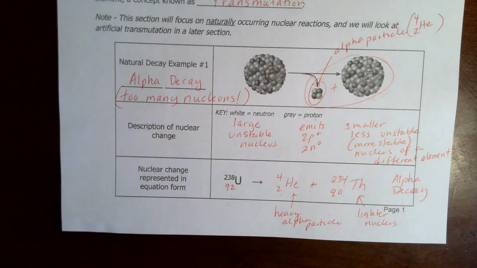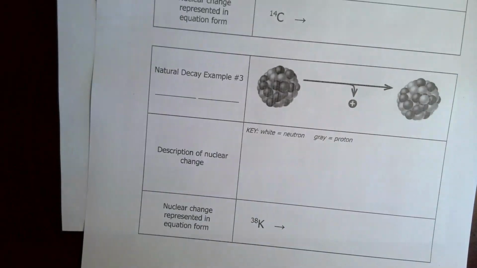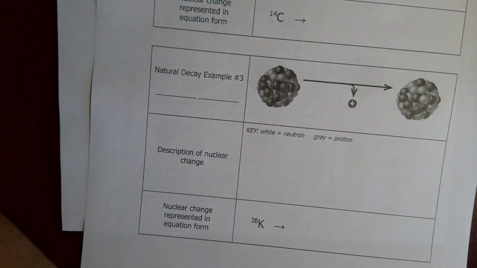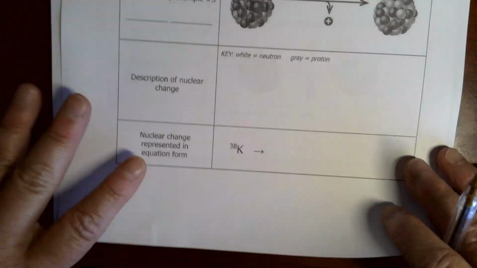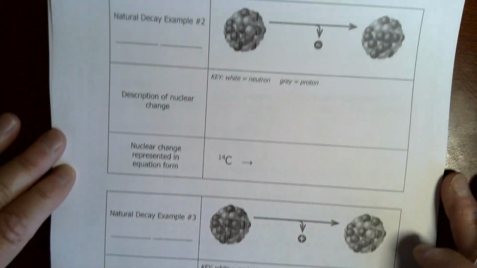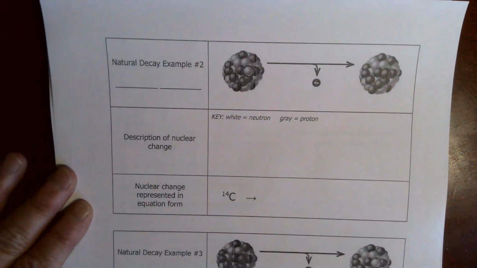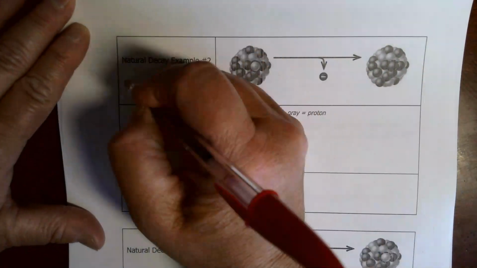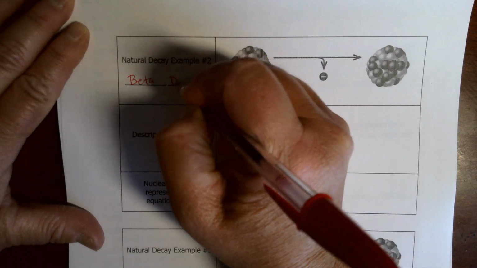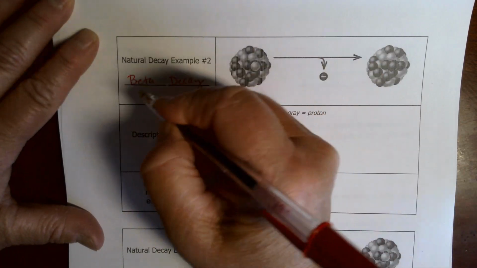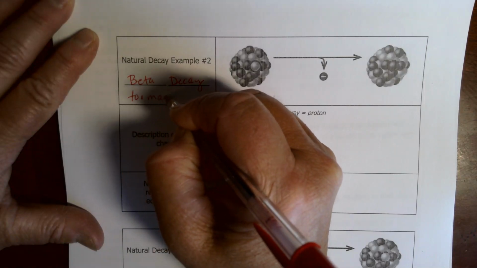Okay. Now let's go ahead and take a look at natural decay example number 2. This one is going to be known as beta decay, and this one is going to happen when there are just too many neutrons.